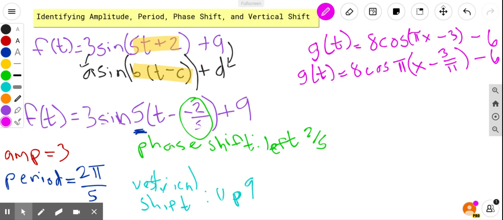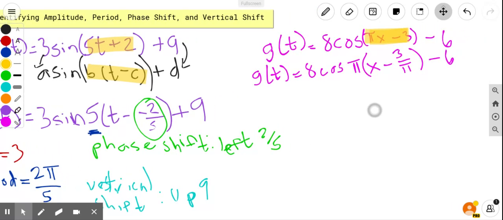So just how I did over here, this number that's multiplying the x has to be the b value, as in Bob. So since I need to pull that out, I just divide whatever I'm about to highlight by that b value that I've identified, and I deal with whatever I have to deal with. All right? It's not pretty. I don't like 3 divided by pi, but it's what I got.